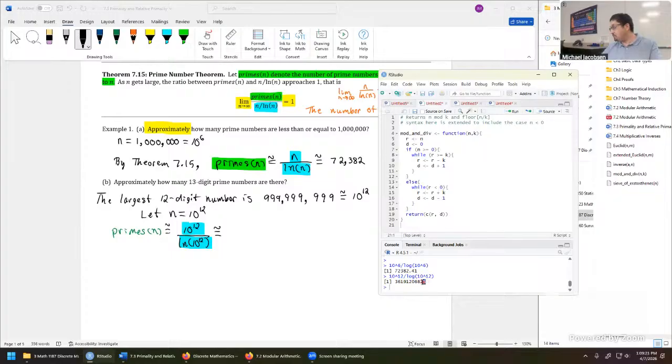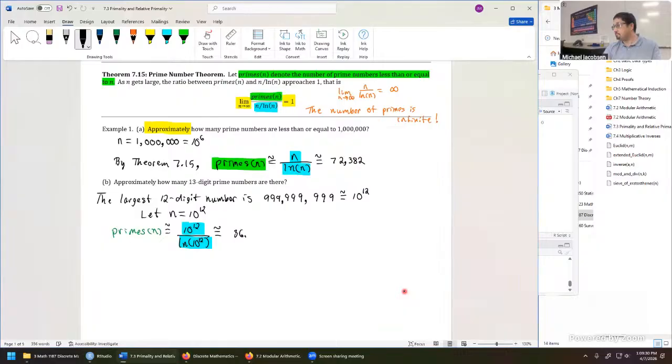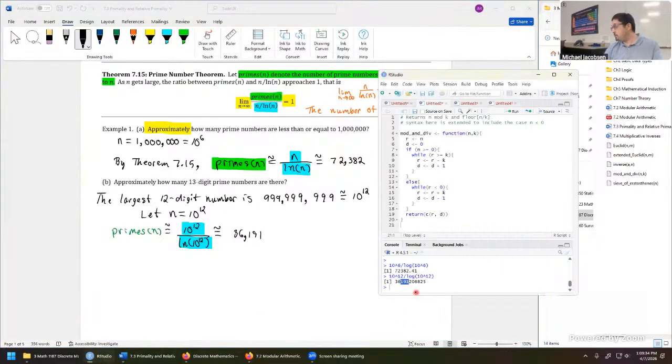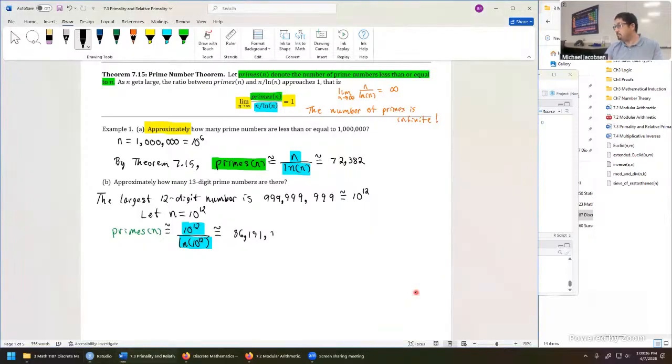That's 36,191,206,825. So we have a value there, and we probably could have skipped this step and put everything into the calculator, but we're just breaking down this computation to show the logic.